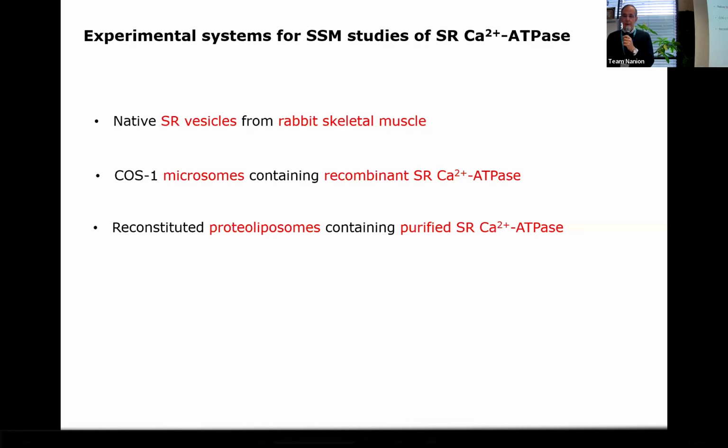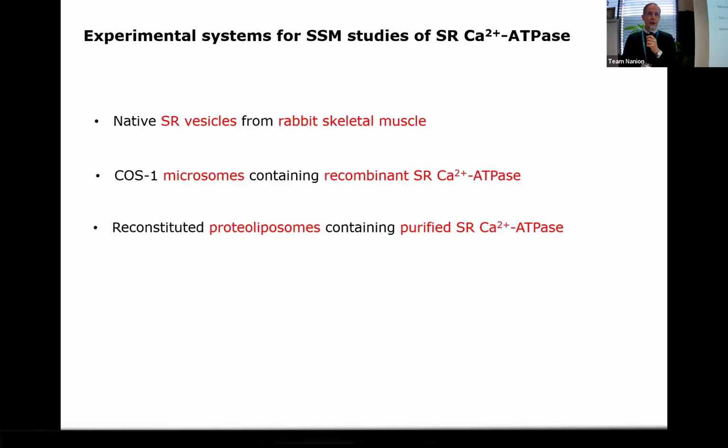In our SSM studies of the Ca2+ ATPase, we have used different membrane preparations containing the SERCA enzyme, and in particular, native sarcoplasmic reticulum vesicles obtained from rabbit skeletal muscle.